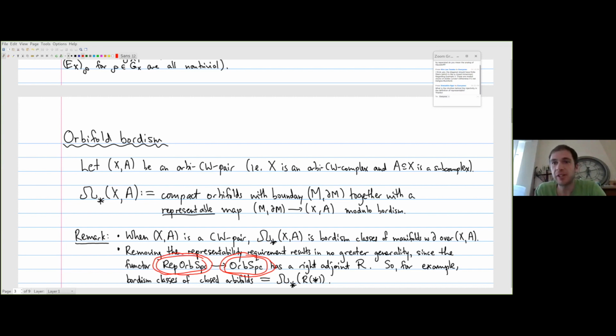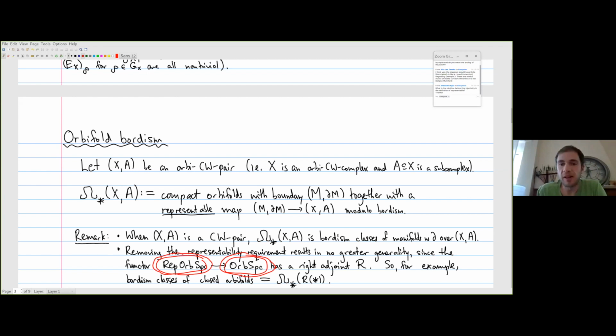What that means concretely is that for every ORBCW complex, call it X, there's an ORBCW complex called R of X, such that maps to X is the same thing as representable maps to R of X. So if you cared about bordism of all maps to X, that's the same thing as bordism of orbifolds with representable maps to R of X.